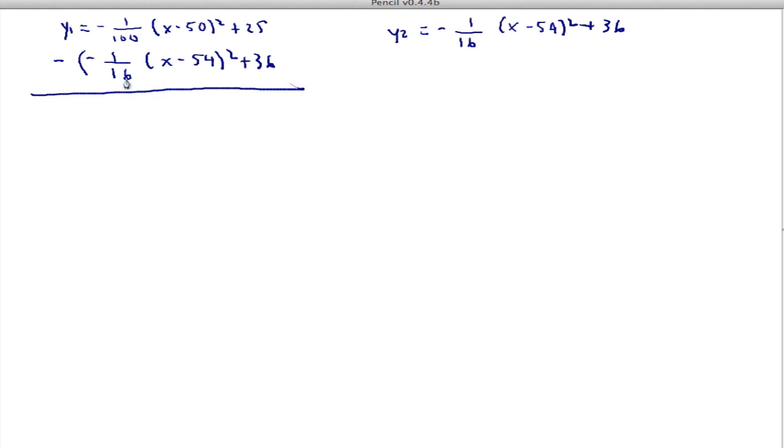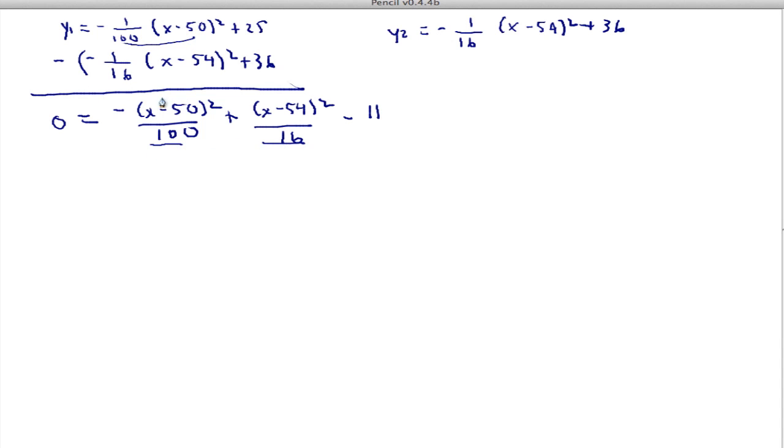And when we work those out, y will cancel out to be 0, and we will have negative (x minus 50) squared over 100, which represents this equation, plus (x minus 54) squared over 16, and 25 minus 16 gives us negative 11.